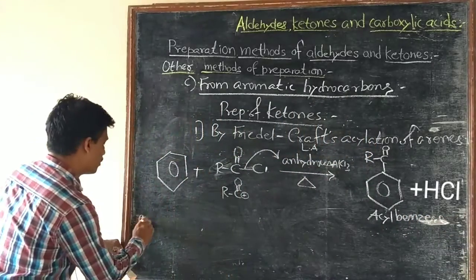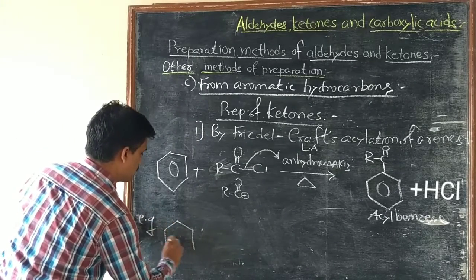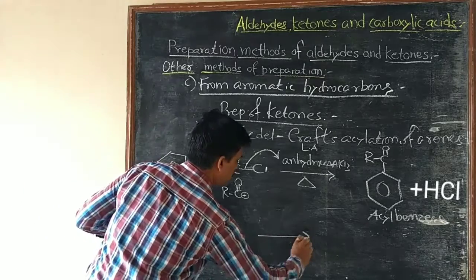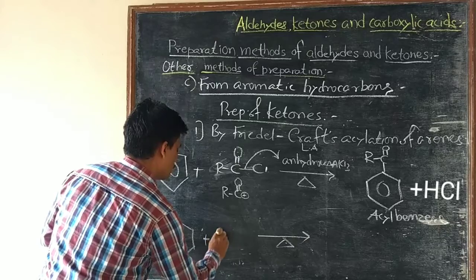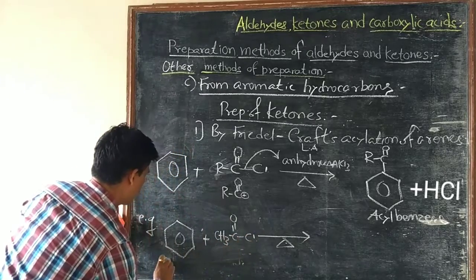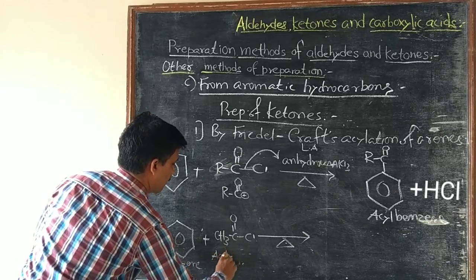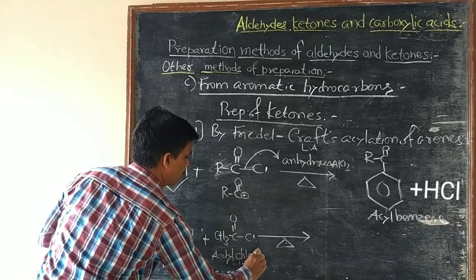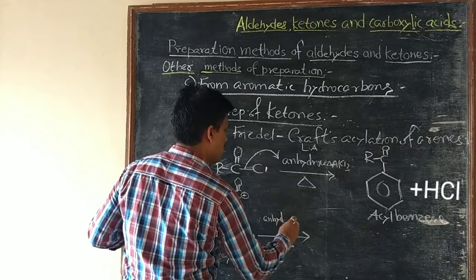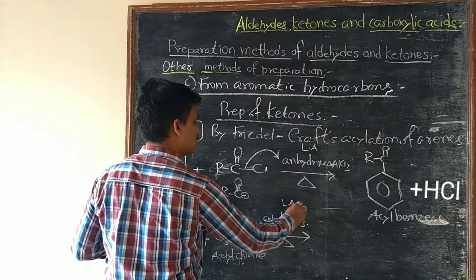For example, when benzene is heated with acetyl chloride in presence of anhydrous AlCl3, this anhydrous AlCl3 acts as a Lewis acid.